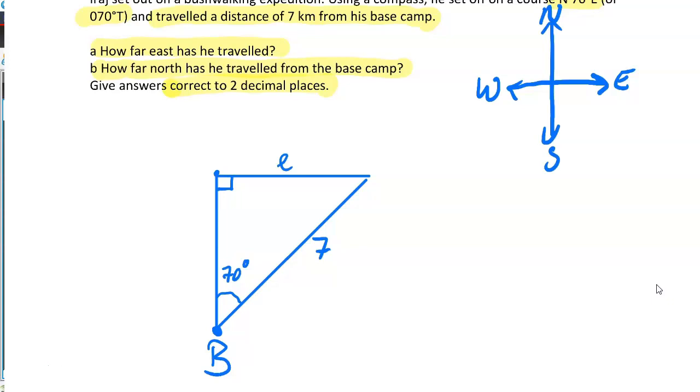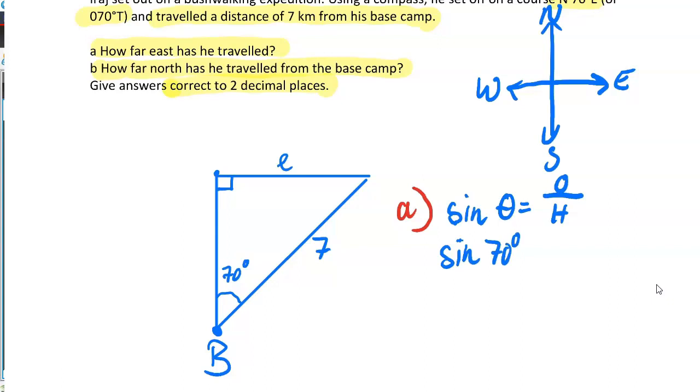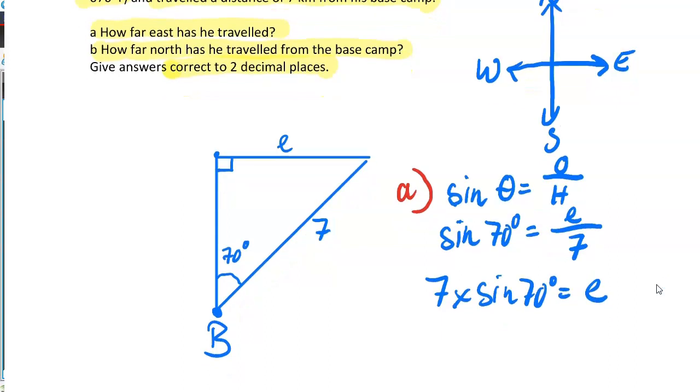So I'll put part A, sine angle equals opposite over hypotenuse, so sine 70 degrees equals opposite, so it's E over 7. So 7 times sine 70 degrees equals E.